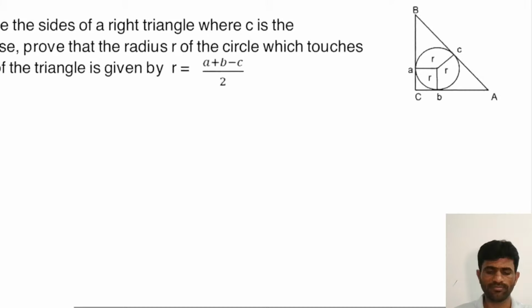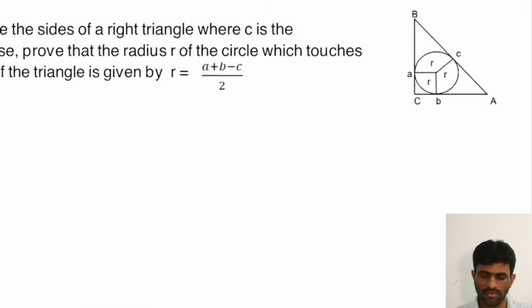In this problem, we know that this is 90 degrees here. Okay, it is given in the question, it is 90 degrees. If it is 90 degrees, all four sides are equal. So this BC is going to be R. BC is R here, and AC is also R here.